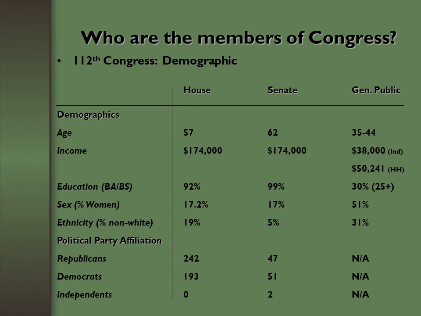Nancy Pelosi lost her job as Speaker, had to hand it over to John Boehner, as the Republicans again pummeled the Democrats, 242 to 193 in the House. And as you can see, the Republicans inched closer in the Senate as well, gaining a few seats, 47 to 51. Again, the 2 independents caucus with the Democrats.